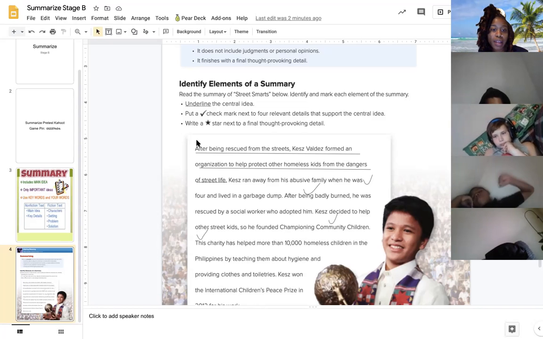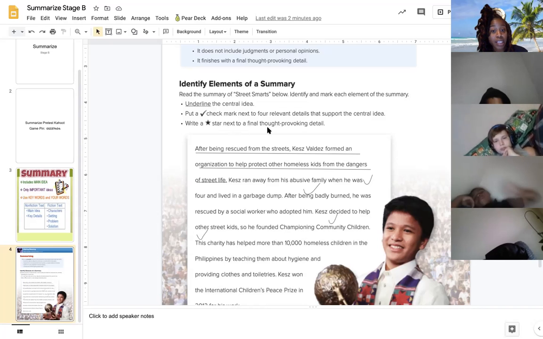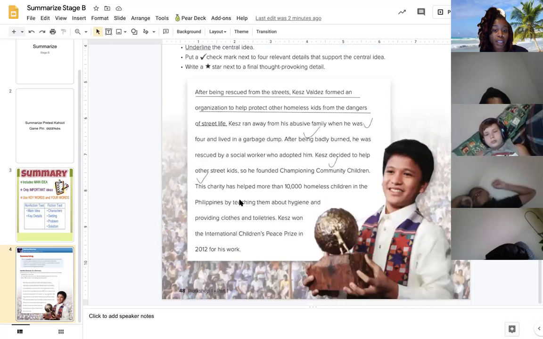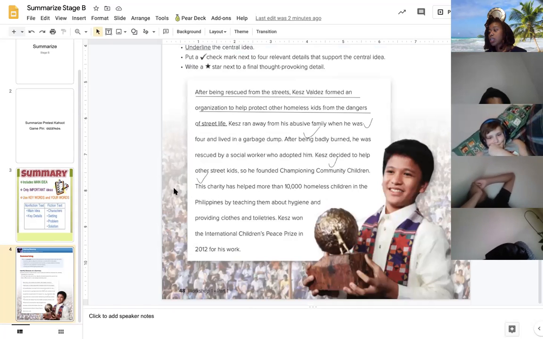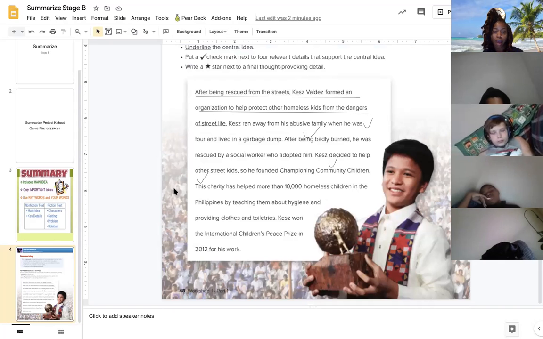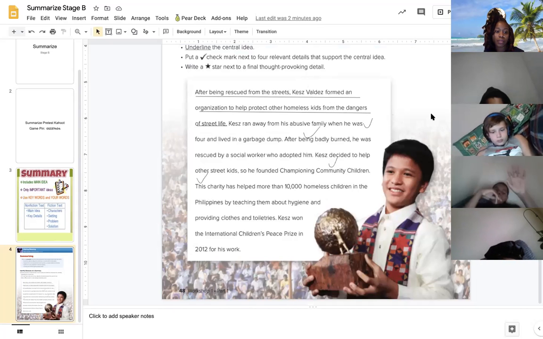All right. So now the last thing we have to do is put a star next to the final thought-provoking detail. So what will we put our star at? Which sentence is the final thought-provoking detail? Good, Aaliyah. What do you think, Quentin?